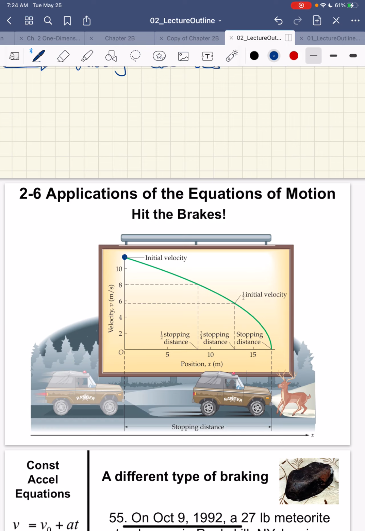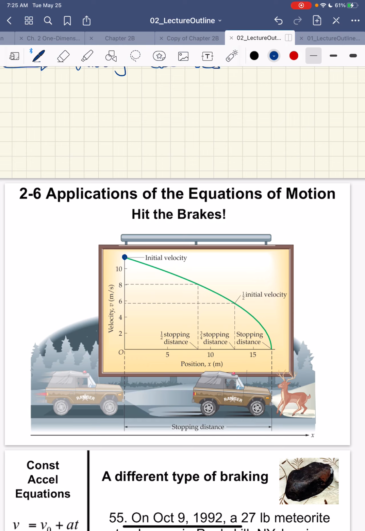But you will have a stopping distance, and that stopping distance changes a lot with your velocity, because it has to do with your initial speed. In this diagram, maybe the speed was about, let's say, 12, and you will reach 8. The speed is going to be 8 at half of the stopping distance.